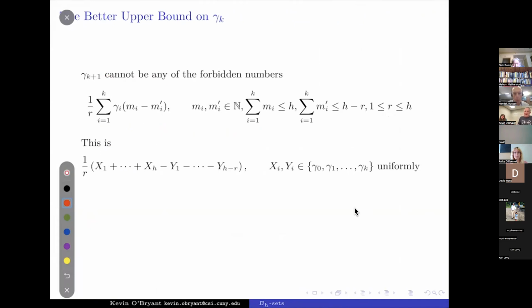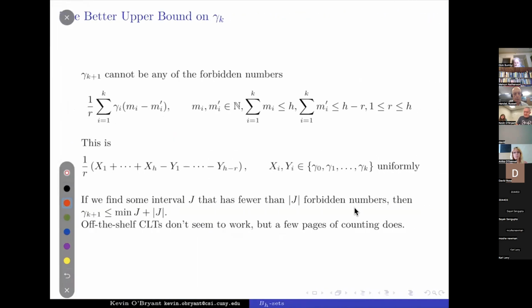Absolutely. So this is a central limit theorem kind of thing leaping in. We've got a sum of a lot of independent, identically distributed random variables, and then a difference coming in, but that's easy enough to work with. But I haven't been able to use any of the off-the-shelf central limit theorem or large deviation results to make this work, but that's definitely the inspiration for what's going on.